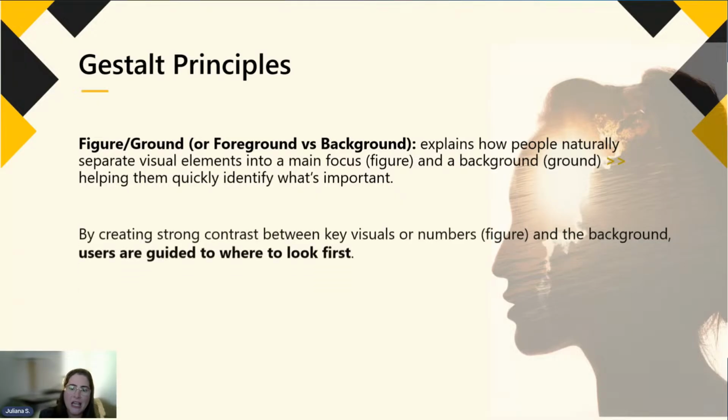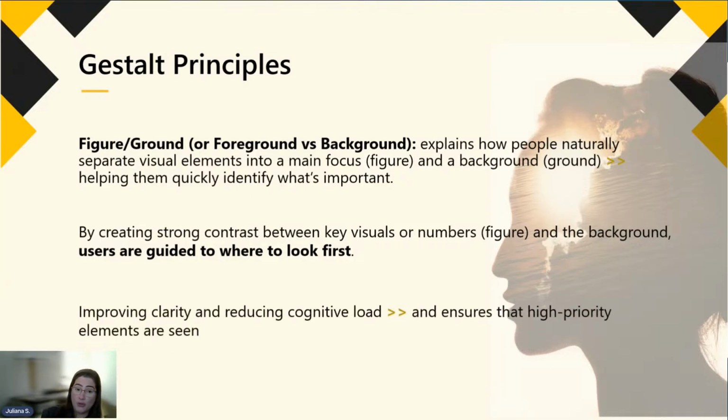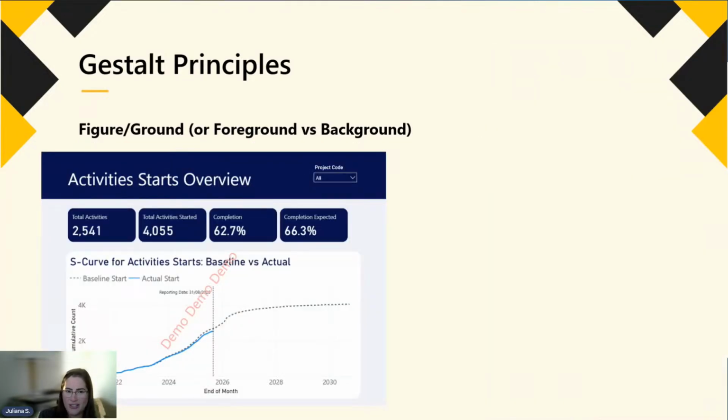By creating a strong contrast between key visuals and the background, we guide our users to look to those key visuals, and that will help to improve clarity and also reduce cognitive load, because it will ensure that your users see straight away what is the most important, and contrast is really good.